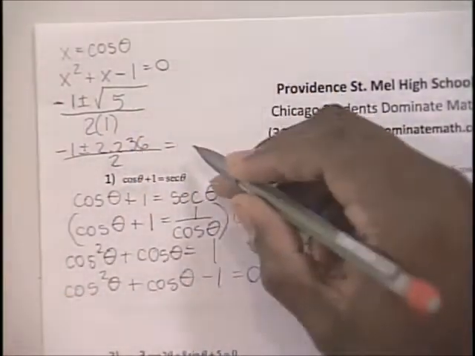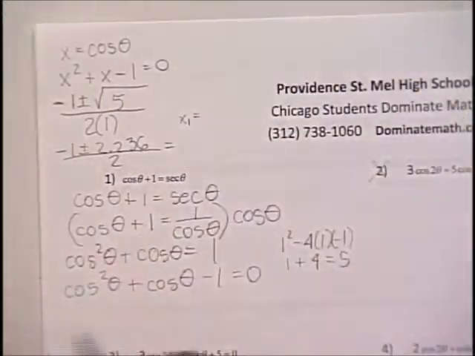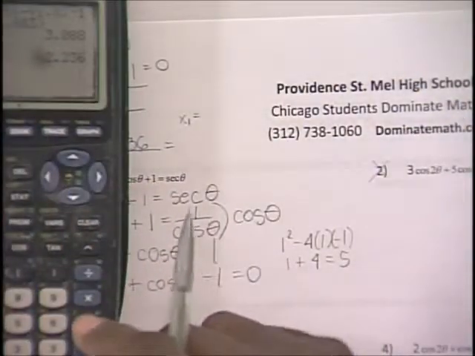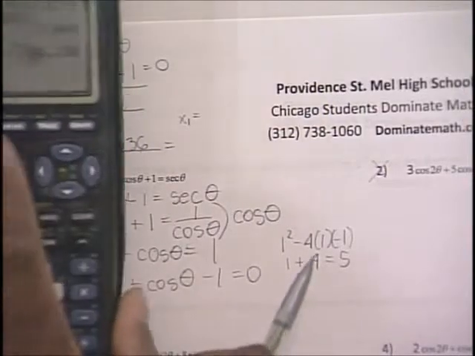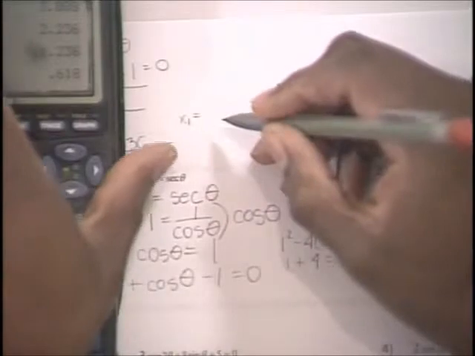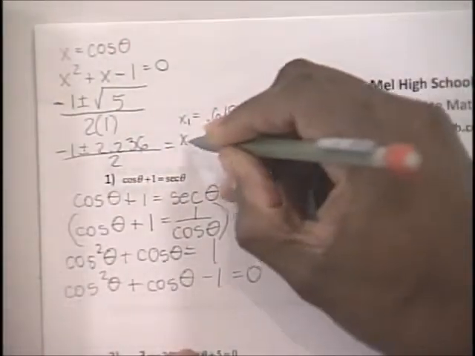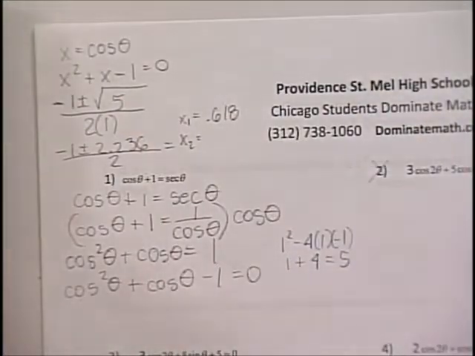Then what you end up with is 2 answers. The first answer is negative 1 plus 2.236, divided by 2. You end up with 0.618.